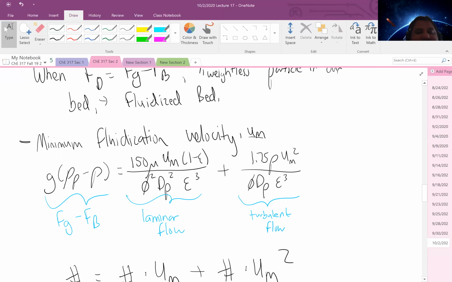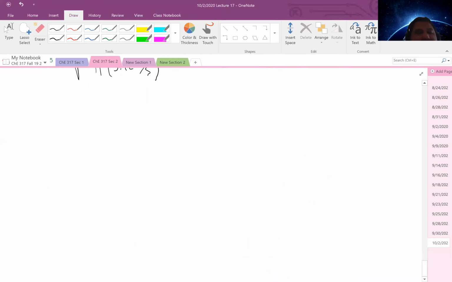Last couple of things I will say before we end for the day. I strongly recommend you look towards the end of the chapter on this section of fluidization, about pages 180 through 185, because there are a few other equations that you may need for homework.